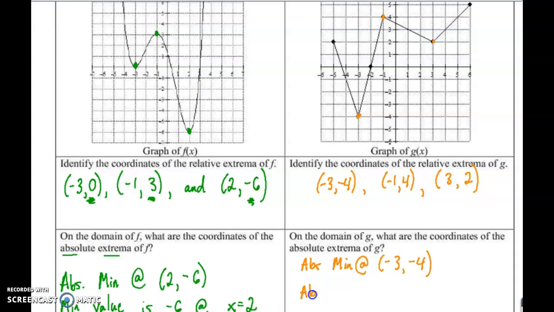This time we do have an absolute max. It occurs not at one of the relative extrema I had earlier, because we can clearly see at (6, 5) we have the absolute max on that interval.